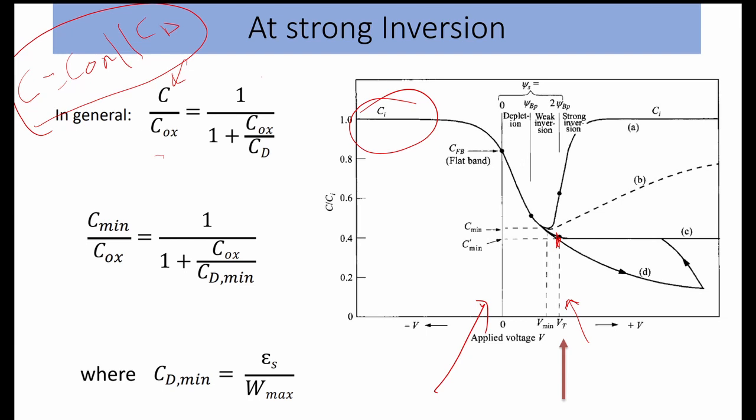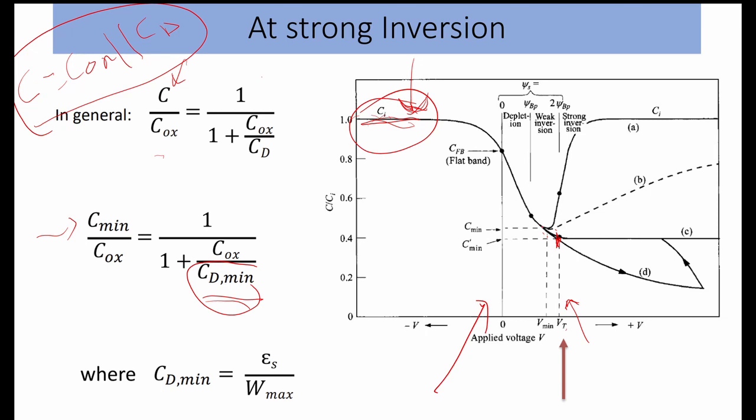So from here, when we put these values, C min, and Cox that we have already calculated from here. Cox we will calculate from here, because this is nothing but the Cox only. C min we know, CD min we know.